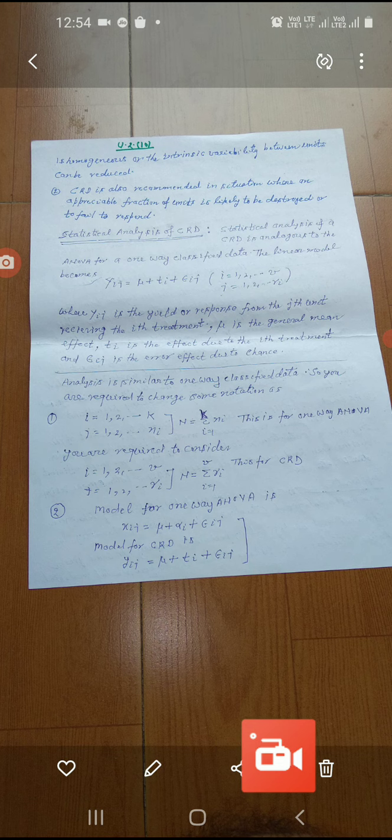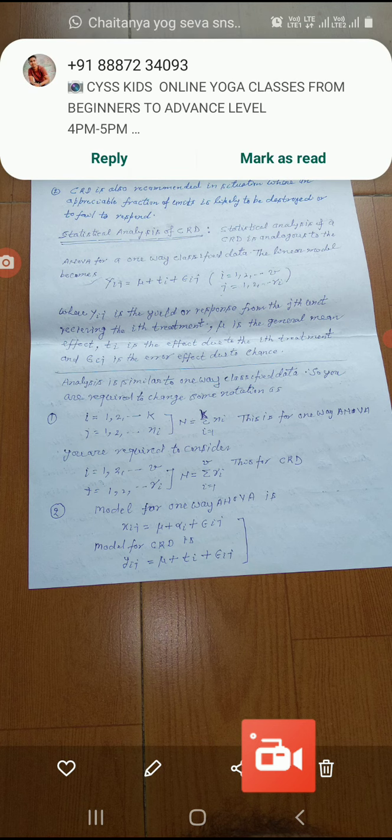The analysis is similar to one-way classified data, so you are required to change some notations. In one-way we have i is equal to 1 to k and j is equal to 1 to ni; see in the notes of one-way analysis of data, and capital N is equal to summation ni, i is equal to 1 to k. This is for one-way ANOVA.